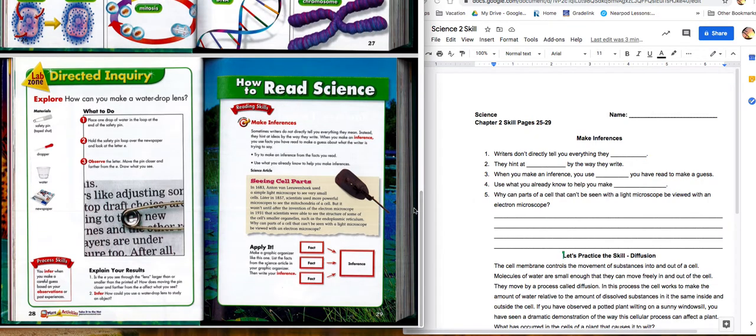If you're bored at home and you want to do the science experiment on page 28, it's a lot of fun. You find a little safety pin so that you can put a drop of water in it, and that little water will sit in the eye of that safety pin there, and then you can use it as a magnifying glass.